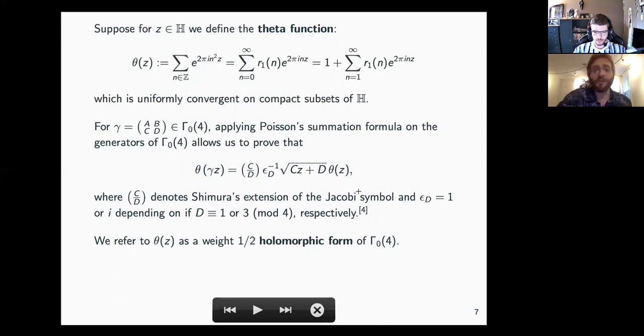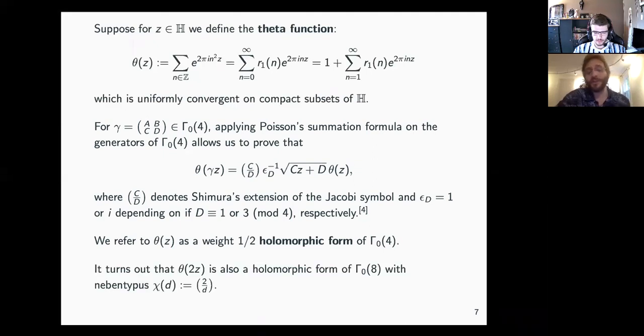And you can prove this using the Poisson summation formula on the generators of Gamma_0(4). We also can show, basically by taking advantage of the known properties of theta(z), that theta(2z) is also a holomorphic form, but of Gamma_0(8) as opposed to Gamma_0(4). You need a slightly smaller group, and it also will have a Nebentypus.